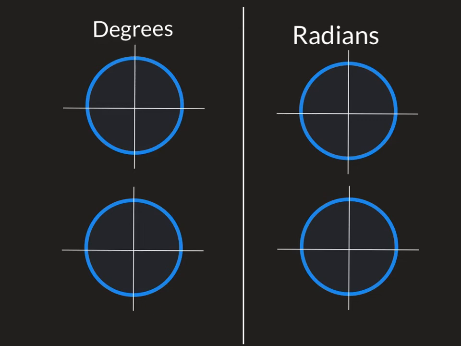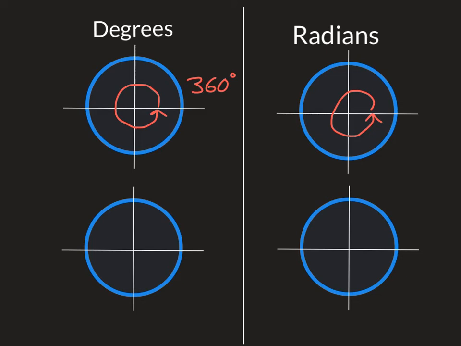So let's compare a couple examples looking at degrees versus radians. One more time, if I were to go all the way around a circle, and if I'm thinking about degrees, well, that's just what we're used to. So all the way around is 360. Now, if I want to discuss that angular measure in radians, I'm going to think, what's the circumference?